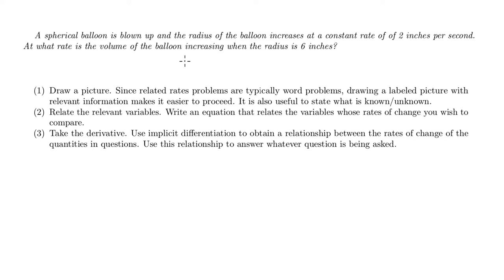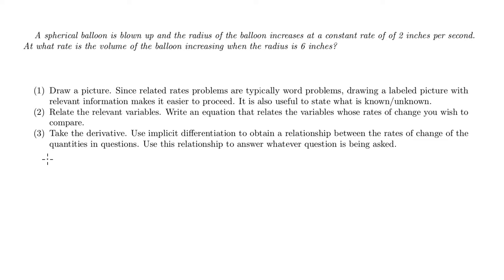Maybe you just look up on the internet, what's the volume of a sphere? 4/3 pi r cubed. That's your relationship between the relevant variables. And then the last step is to take the derivative. So you relate the variables, and then you use implicit differentiation to get a relationship between their rates of change. So that's how it goes.